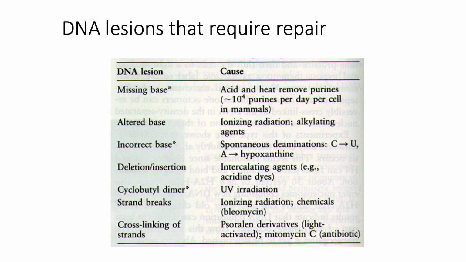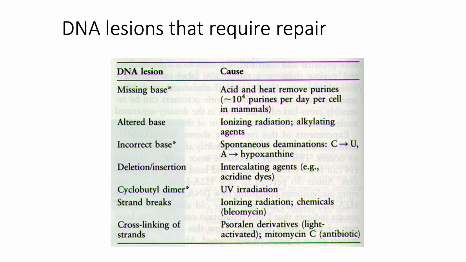So this is a number of different types of lesions that require repair. Again, a missing base, an altered base, and some of the causes of these different types of mutations or lesions.